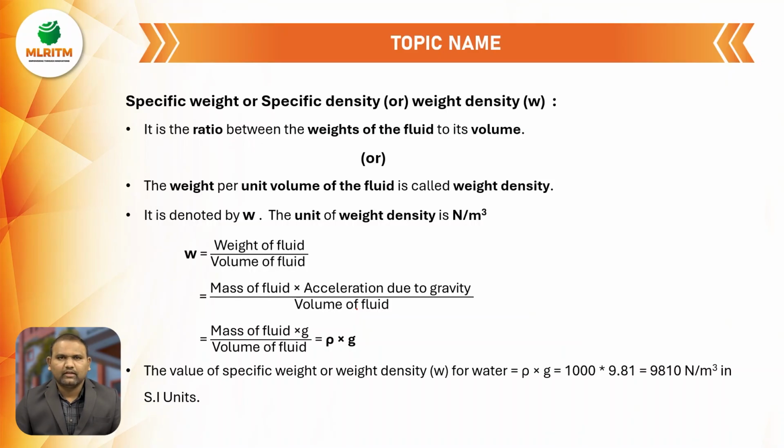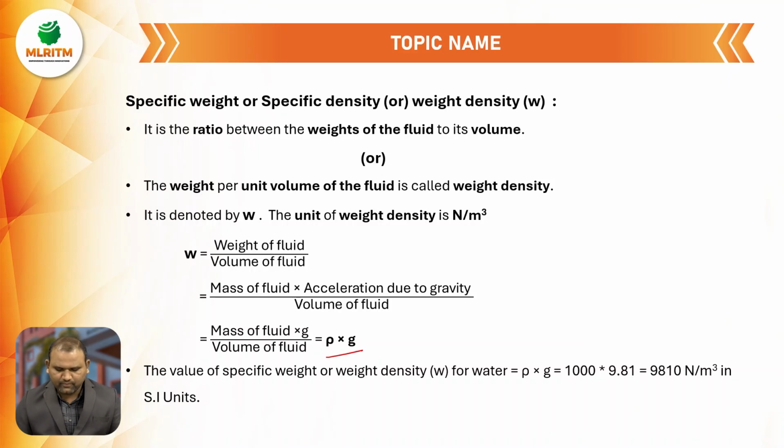Weight of fluid is equal to mass of fluid into acceleration due to gravity. Then, mass of fluid into acceleration due to gravity by volume of fluid. We can represent specific weight is equal to rho into g, rho g.